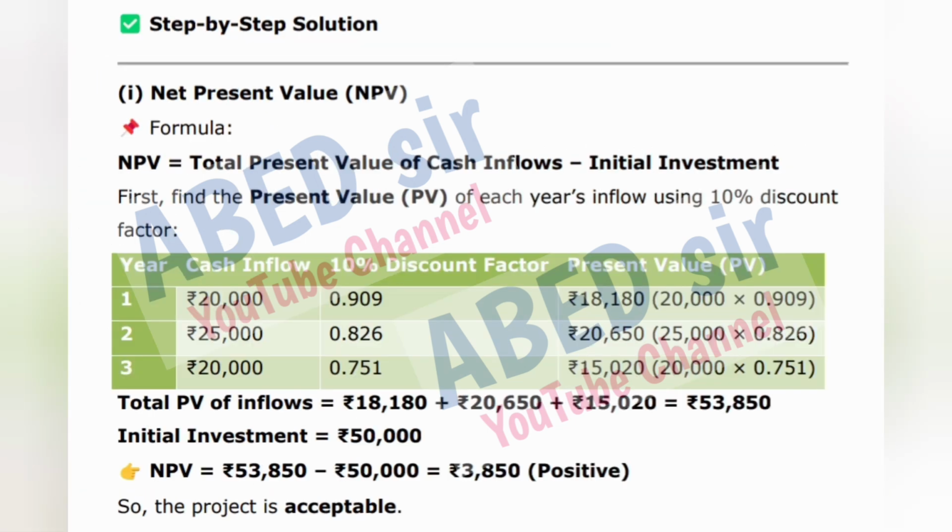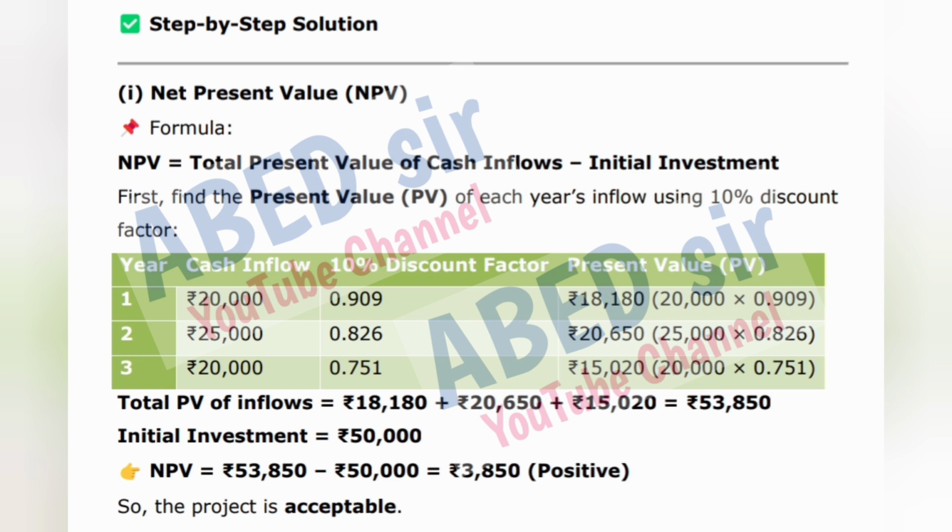Step-by-step solution. 1. Net present value, NPV. Formula: NPV is equal to total present value of cash inflows minus initial investment. First, find the present value, PV, of each year's inflow using the 10% discount factor. Year 1: 20,000 rupees, factor 0.909, PV 18,180 rupees.